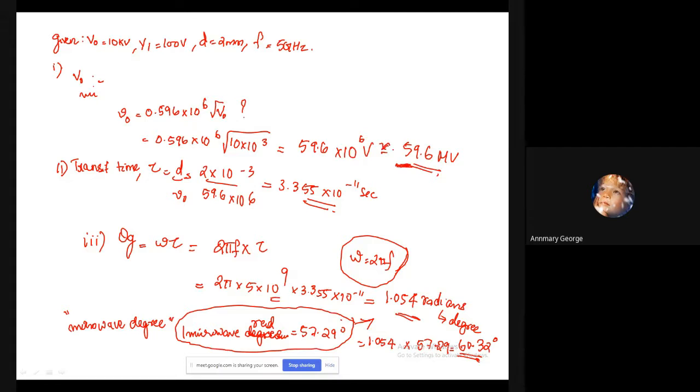Therefore, we got v0 as 59.6 into 10 raised to 6, transit time tau as 3.355 into 10 raised to minus 11, and theta g as 1.054 radians, that is microwave radians. When we convert this into degree, we get 60.32 degrees.